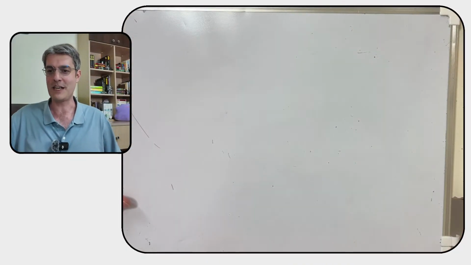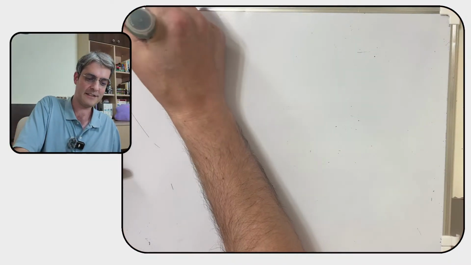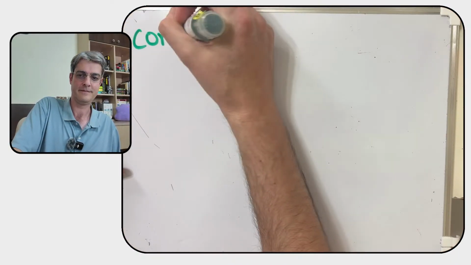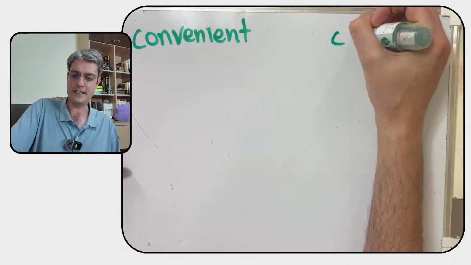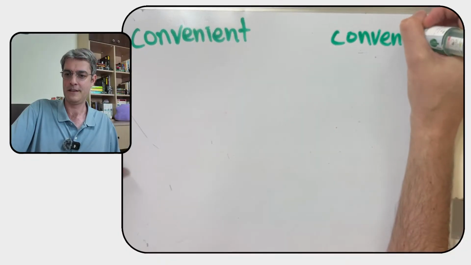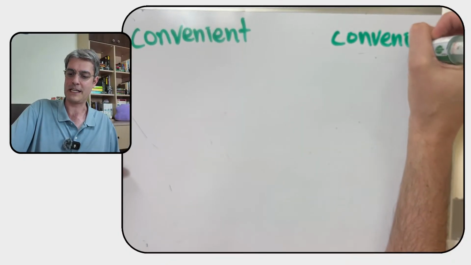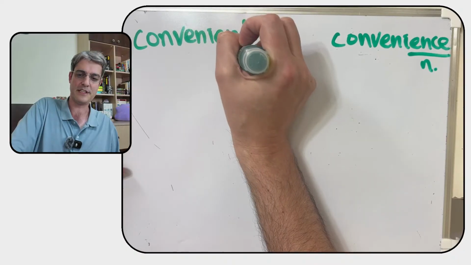Our next special pair of words is convenient and convenience, our noun form. All right, so we got our ence noun and our ent adjective.